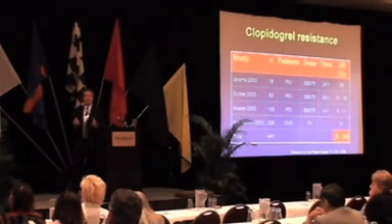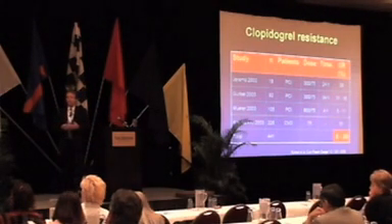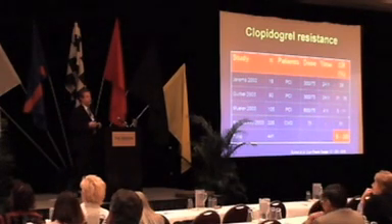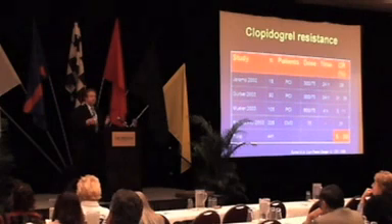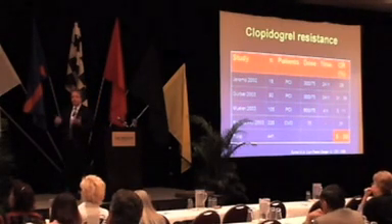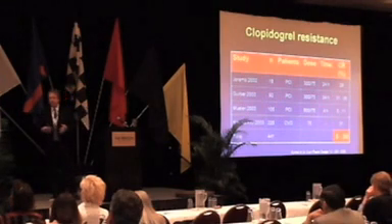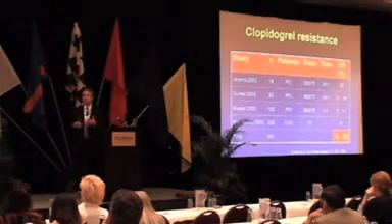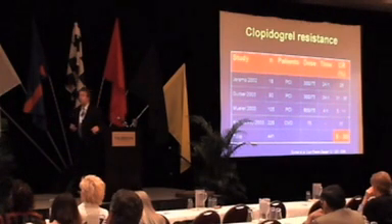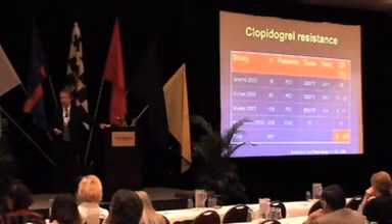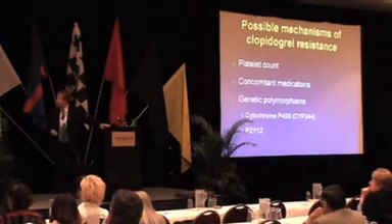Looking at the literature, at the different methods that have been used, there is a sense amongst workers in this area that there is a significant proportion of patients out there that are somewhat resistant to clopidogrel. I'm showing you here 4 studies. If you synthesize them all together, there's somewhere again in the 5 to 25, 30% range that are quote-unquote resistant to the antiplatelet effects of clopidogrel. Why should that be?